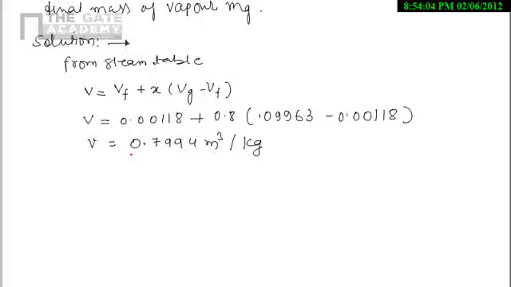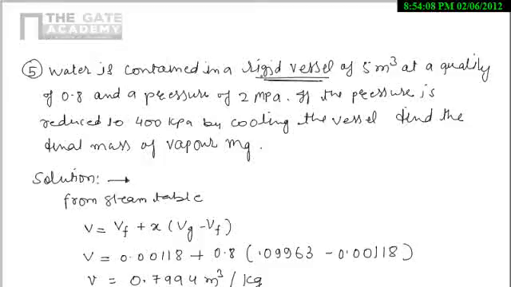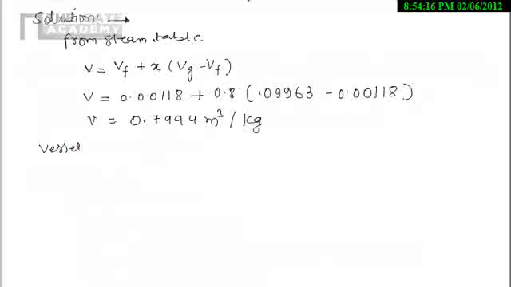Now here it is mentioned in the problem it is a rigid vessel, so the volume will remain constant. So I can write: vessel is rigid, so volume will be constant.